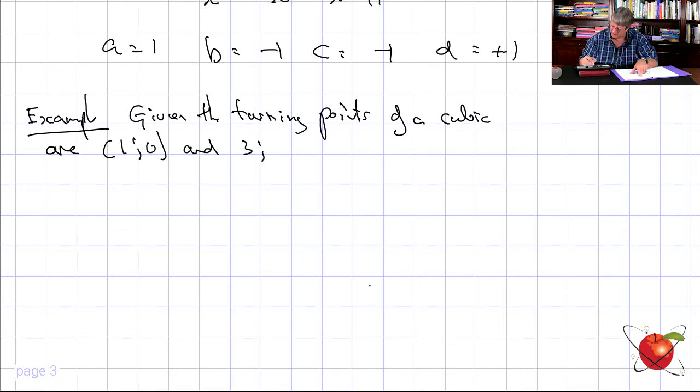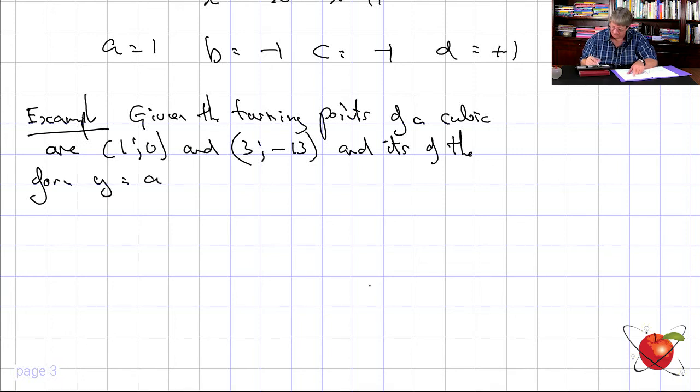Three and minus 13. And it's of the form y equals ax cubed plus bx squared plus cx minus 4.